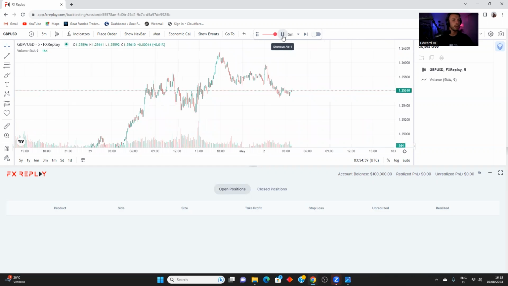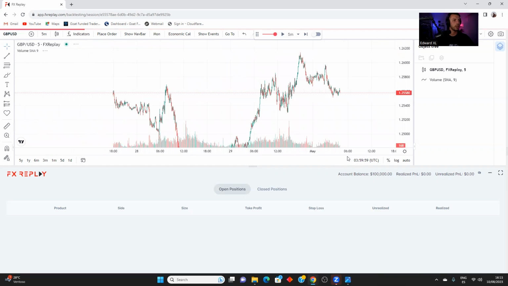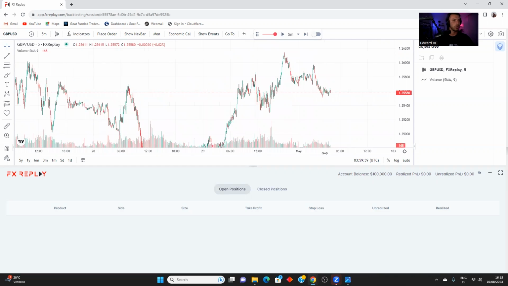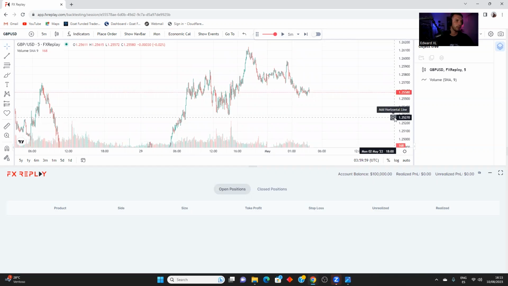One of my key philosophies in trading is that I must take only A+ setups. As you might know, I'm also the owner of Goat Funded Trader, and I have a lot of things to manage. I have my personal business to manage. I have the prop firm to manage, and I also love trading, and trading is actually where everything started from.